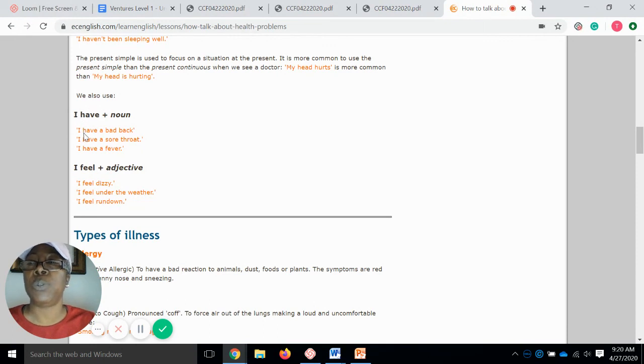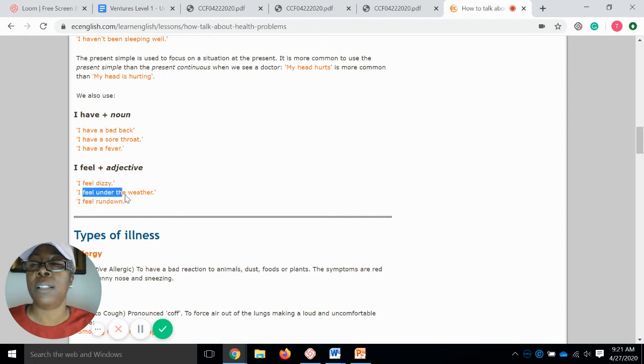We also use, I have plus the noun. I have a bad back. I have a sore throat. I have a fever. Okay. And then when we are telling the doctor an adjective, we say, I feel dizzy.